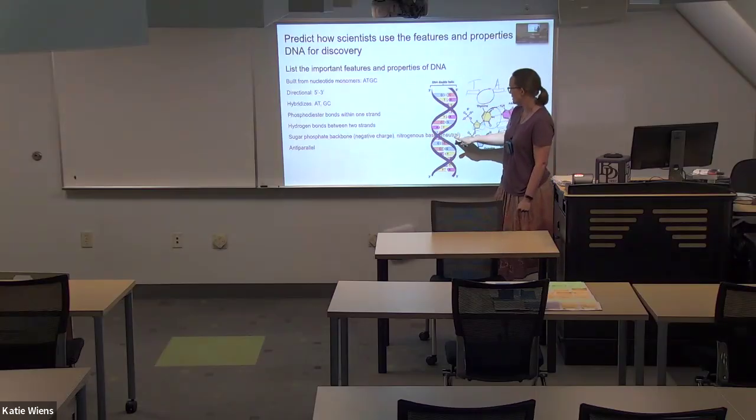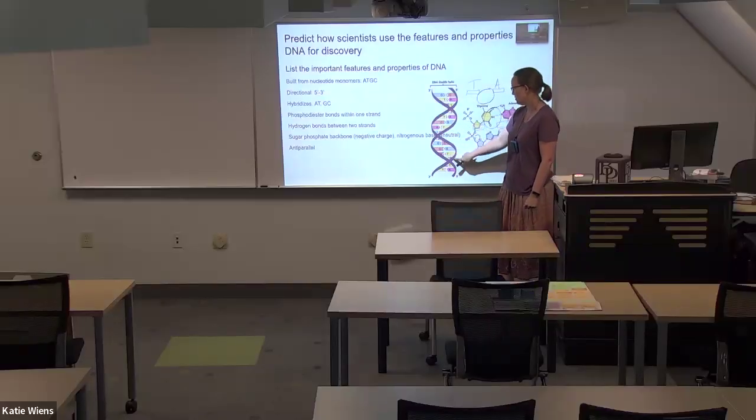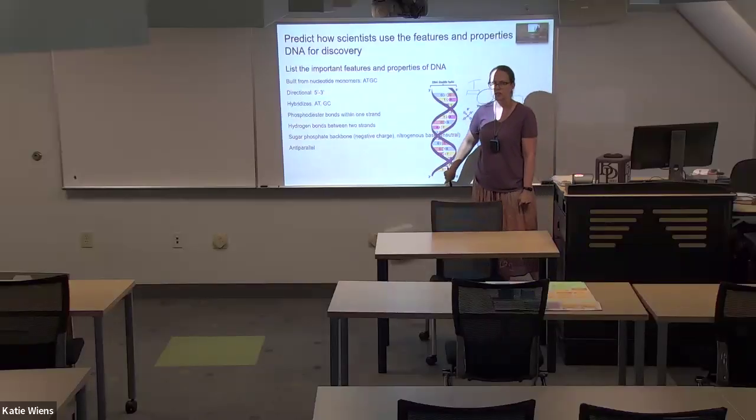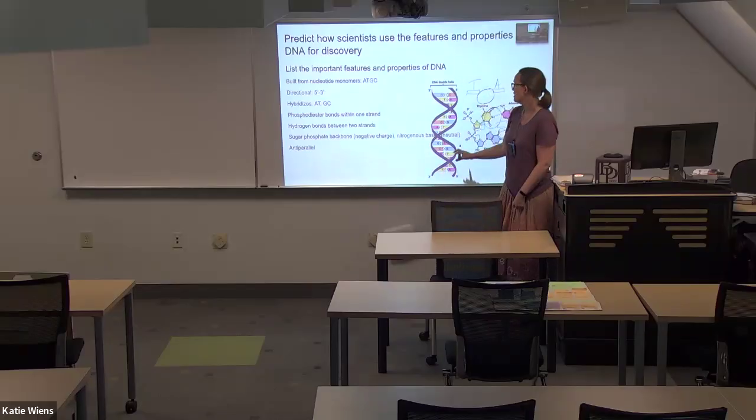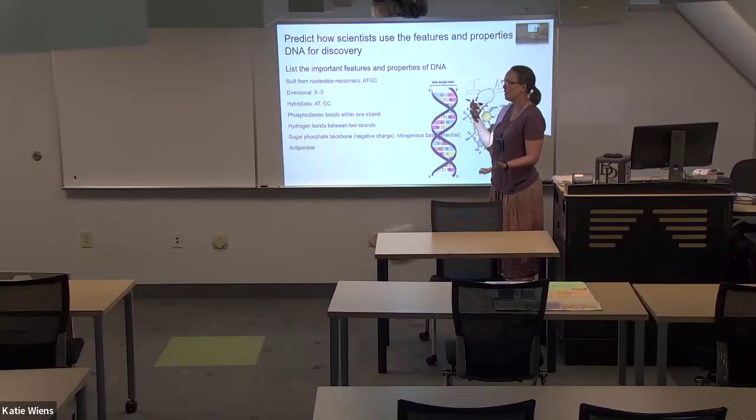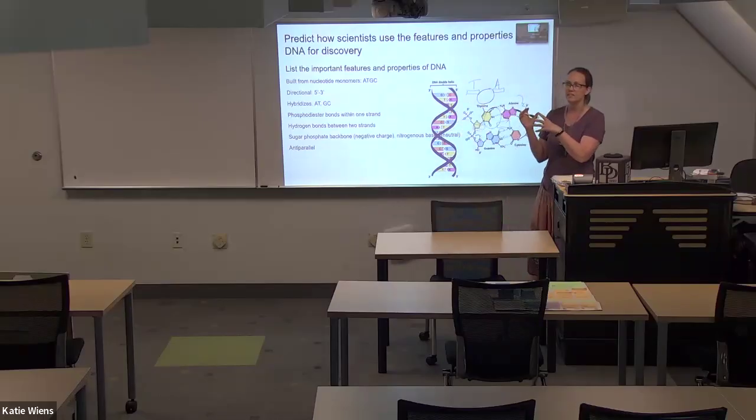Whereas the nitrogenous bases are neutral, so those are going to be lining up in the center that doesn't want to interact with water. When we think about our cells, there's a lot of water in our cells. So the positive, negative charged aspects of molecules and the neutral aspects of molecules are going to determine how they're going to be in the presence of water. So that's actually a really important concept.